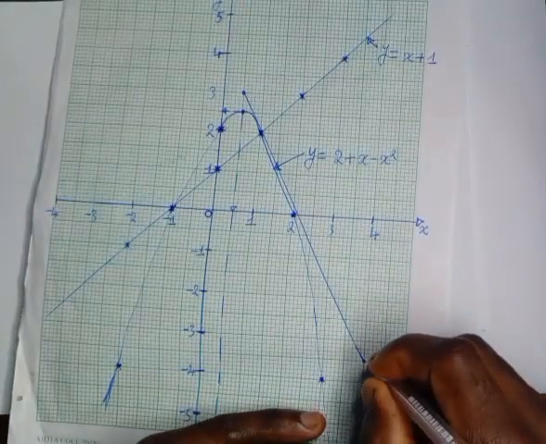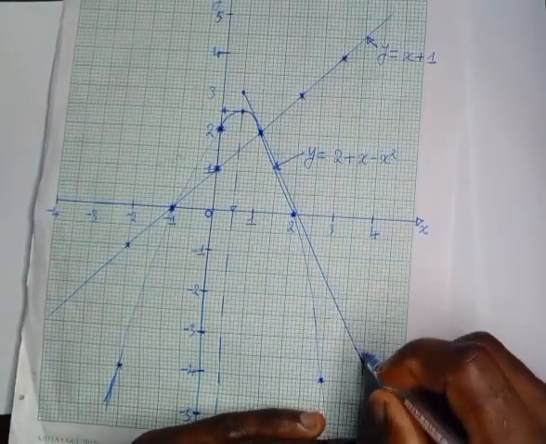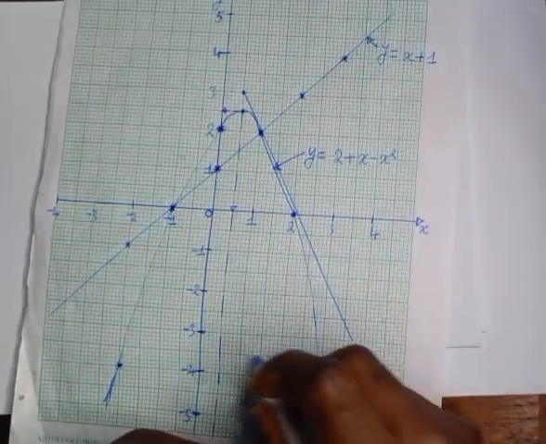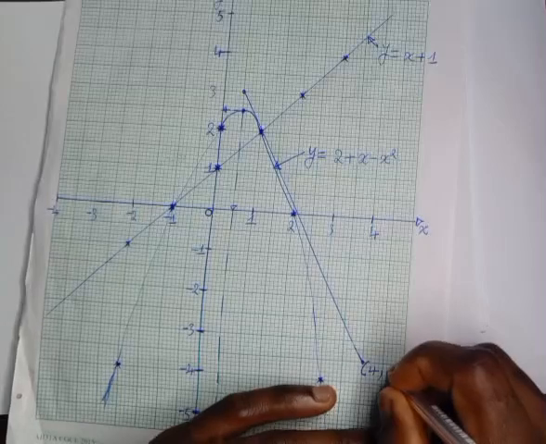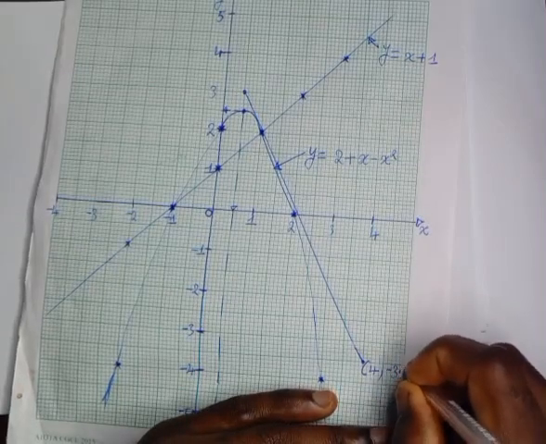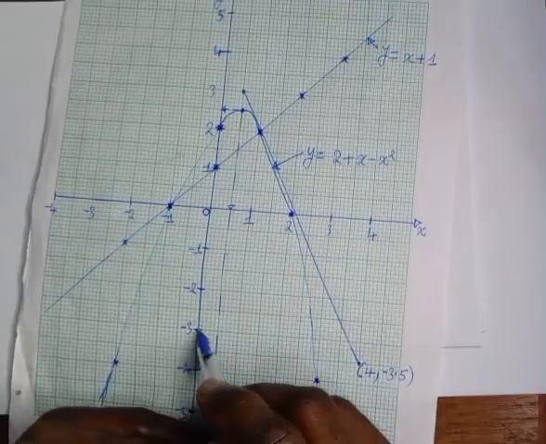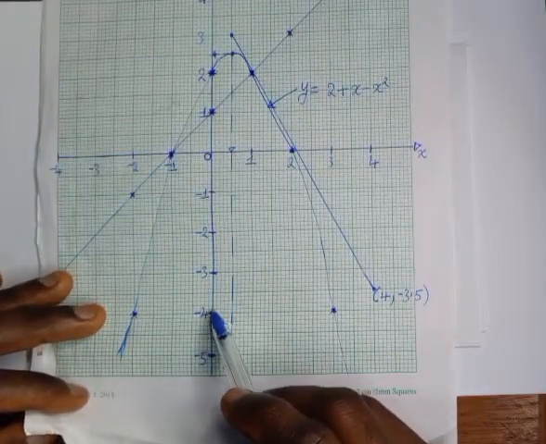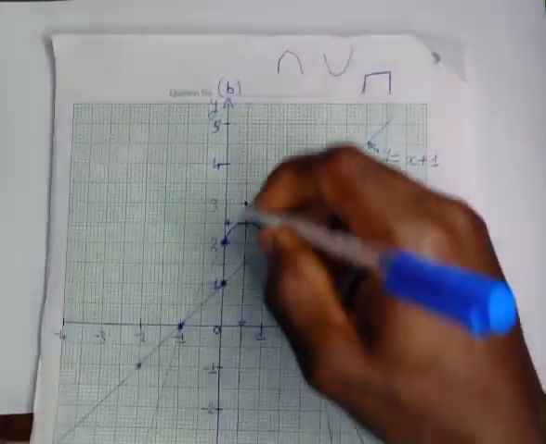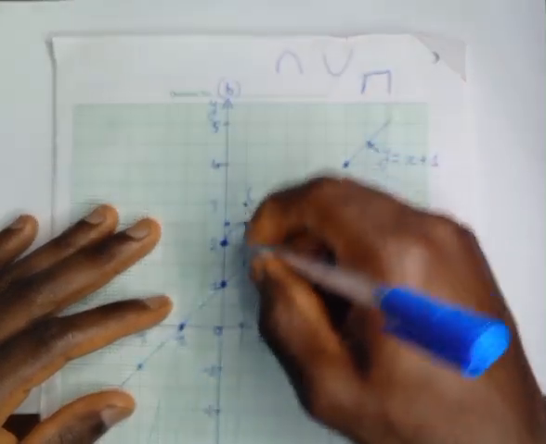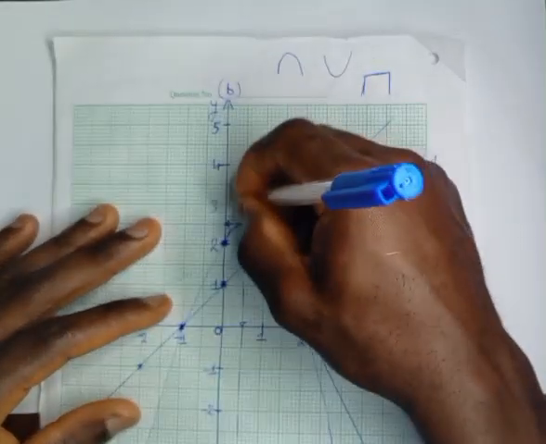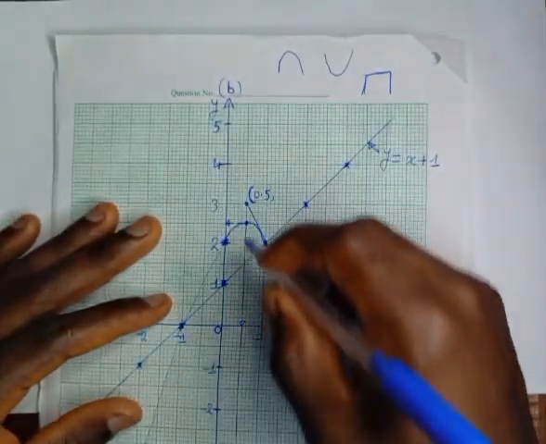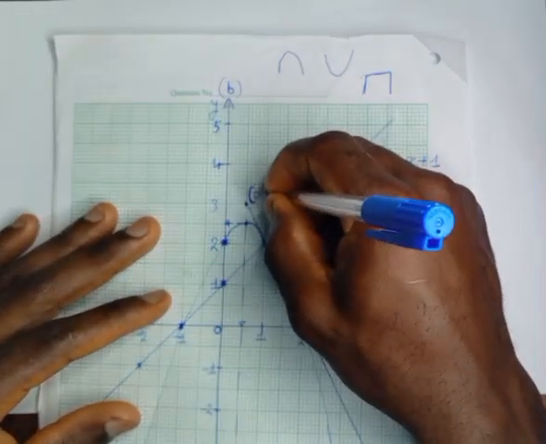Here at this point, x is 4, y is -3.5. You can see this is -3, this is -3.5, then -4. Up here we need to read the x value. The x value is a half, which is 0.5, and the y value is 3.